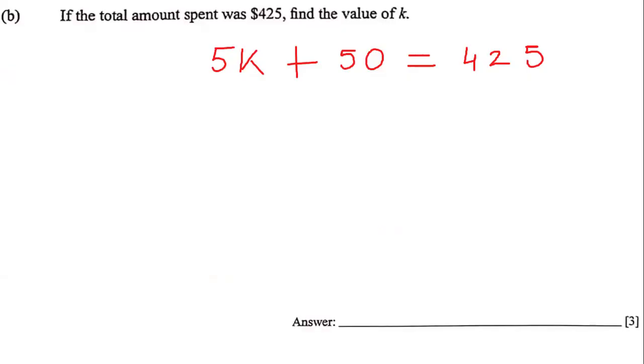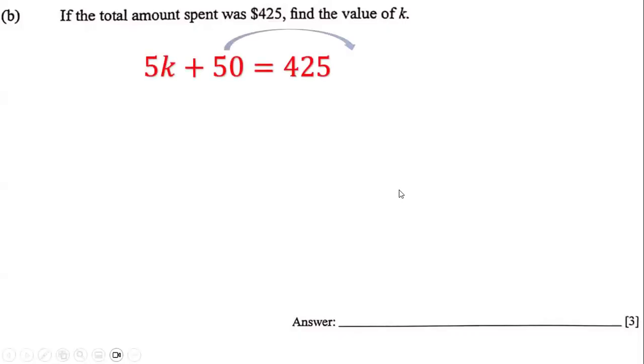So the first thing you're gonna do whenever you're trying to solve a linear equation is take this 50 and send it over the equal sign. When we take 50 and send it over the equal sign, it was a positive, but when we send it over, it becomes a negative.